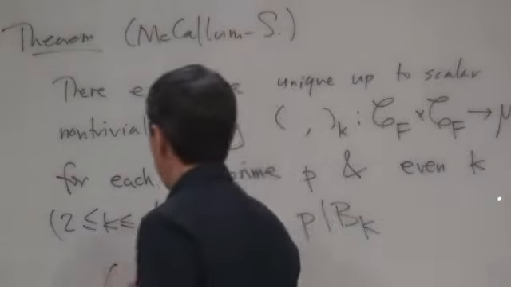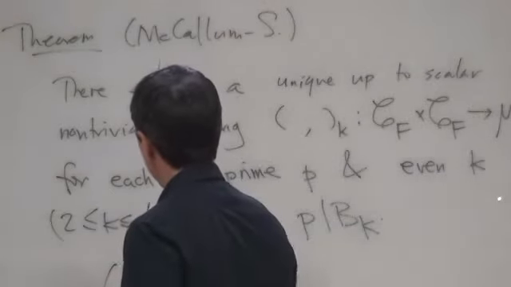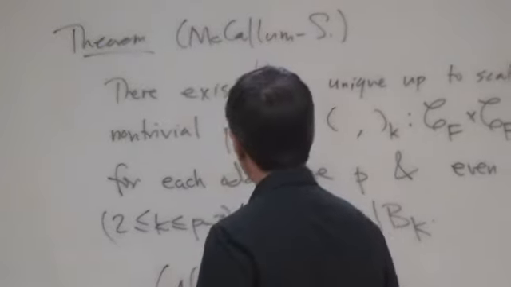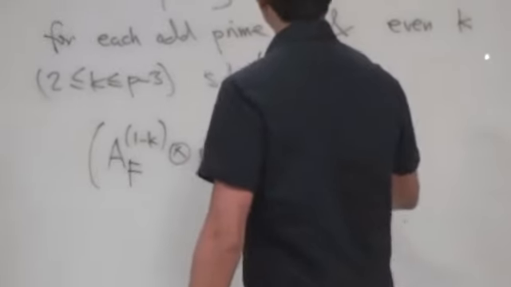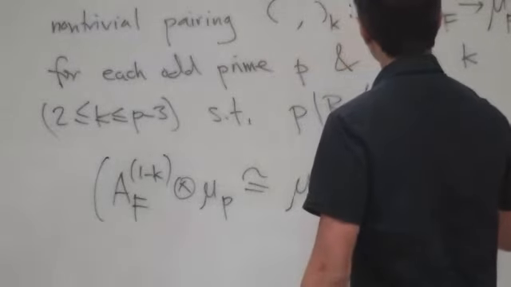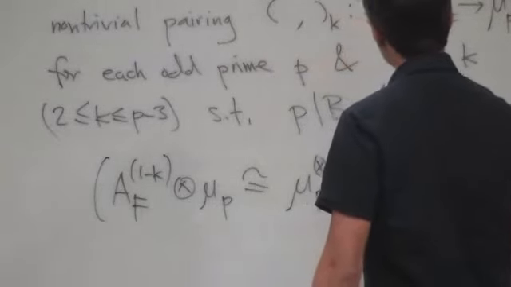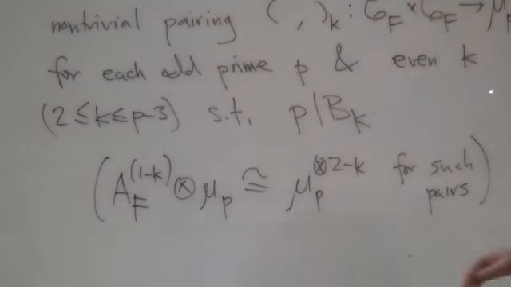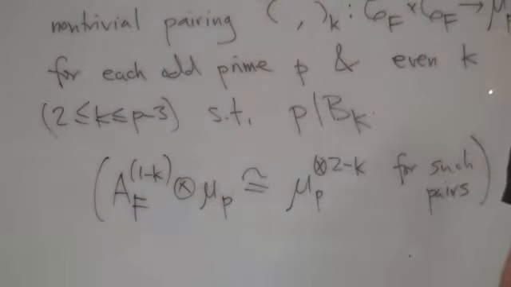So the point is here that AF 1 minus k tensor mu p is actually isomorphic to mu p tensor 2 minus k for such pairs because p is less than 163 million. Okay, so it's cyclic. Okay, so mod p is just mu p. Okay, so there exists a unique non-trivial pairing.